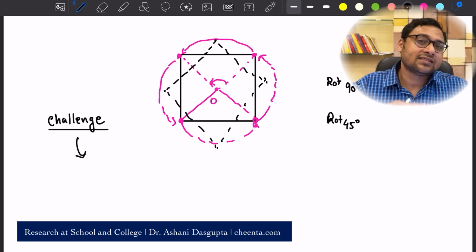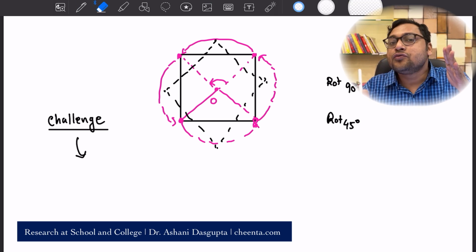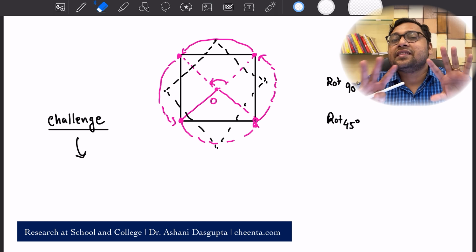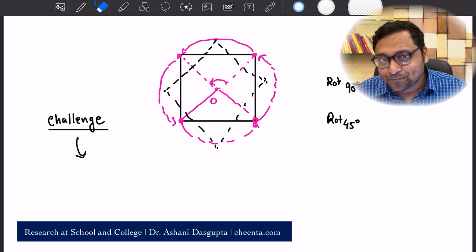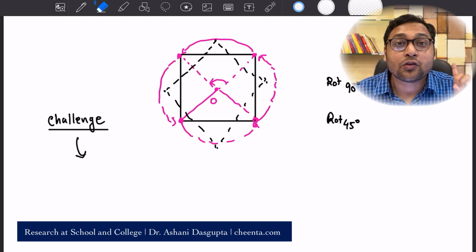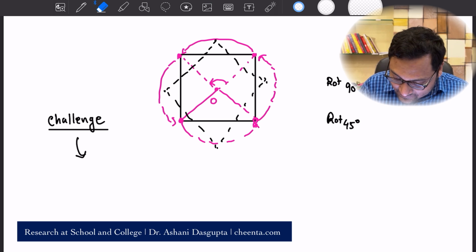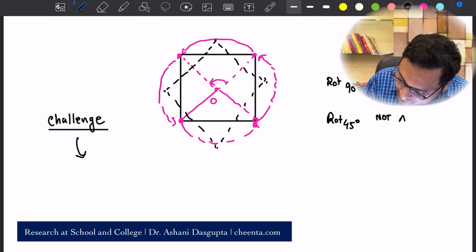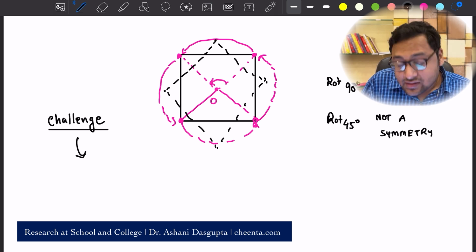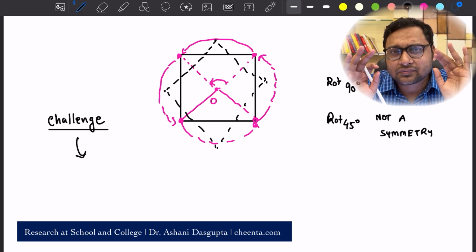If you looked at the square before and if you look at the square afterward, you will be able to see, okay, there is a difference in the location of the square. So yes, rotation by 45 degree is not a symmetry of the square.